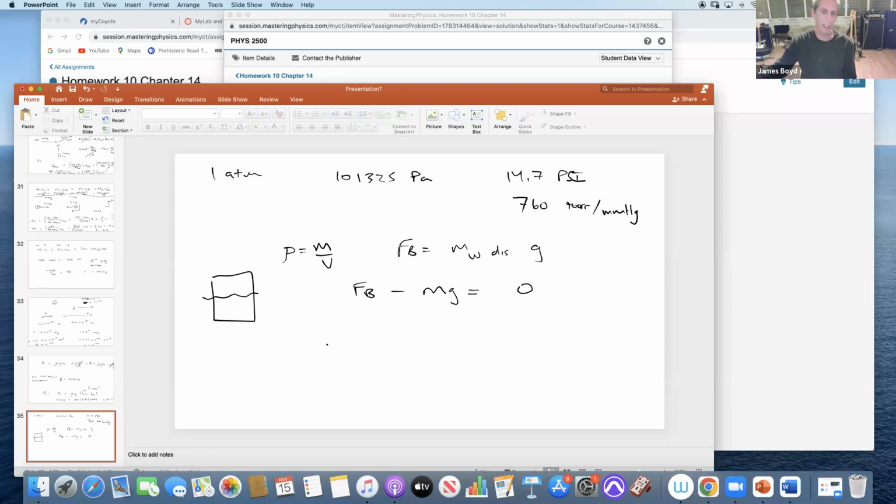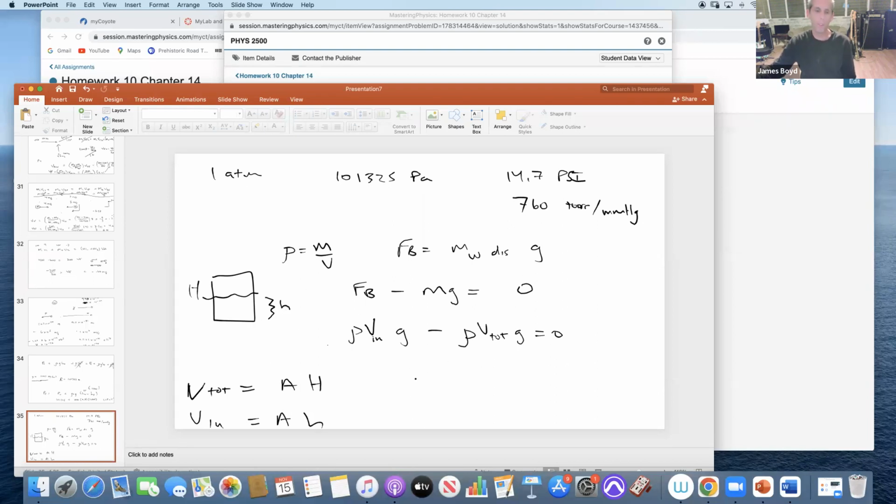So what we get here is the density times the volume inside, V in, times g, minus the density times the volume total times g, is equal to 0. Now the volume total, V total, is A times the whole height, and V inside is A times little h, the amount submerged below the surface.